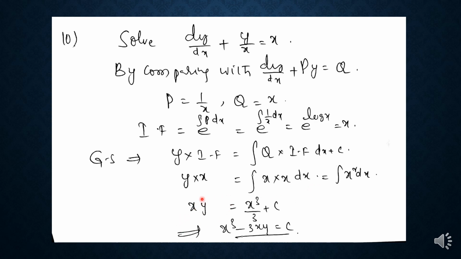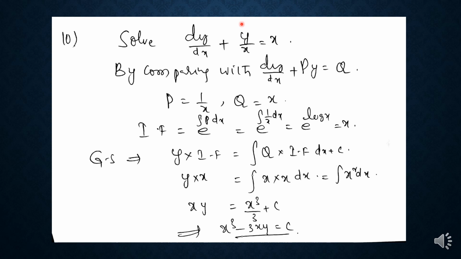Now x into y is equal to x cube by 3 plus c. By cross multiplication we will get 3xy is equal to x cube plus c, or x cube minus 3xy is equal to c. So this is the solution for the differential equation.